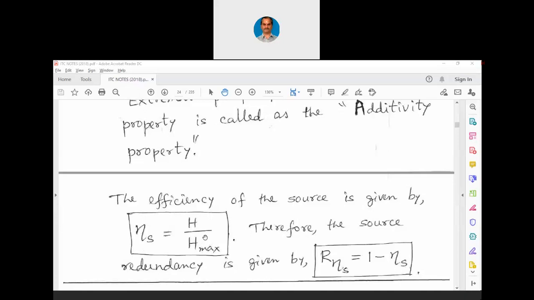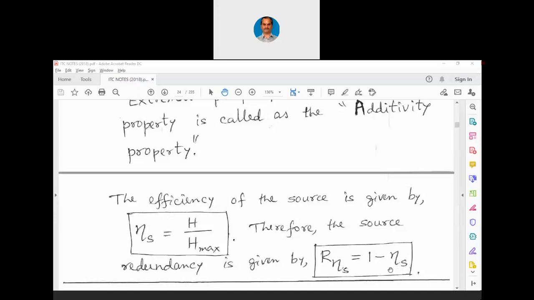If that is the efficiency, then there is the redundancy, which is given by R eta s equals 1 minus eta s. If we represent this eta between 0 and 1, let us say the eta we get for a particular system is 0.8. Now, redundancy is 1 minus 0.8, which is 0.2, which means that the system contains 20% redundancy.